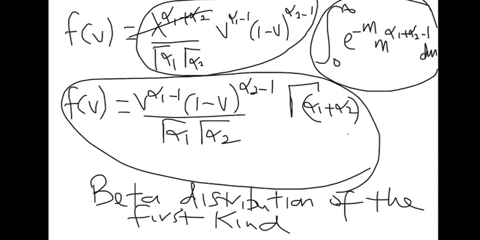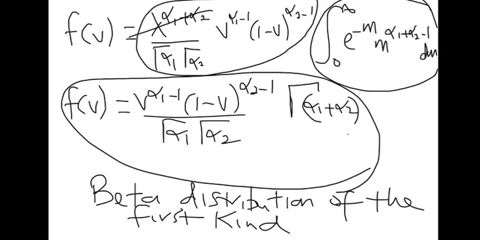Do you know the exercise that I want to give you now? When I find the marginal distribution of f of v, this is what it gives. I want you to also find the marginal distribution of f of u. And I want to see what you're going to get. I'm going to say that again. Find the marginal distribution of f of u.